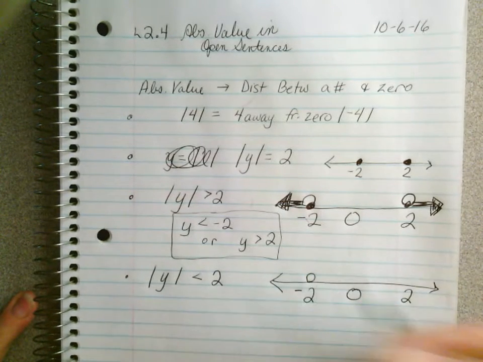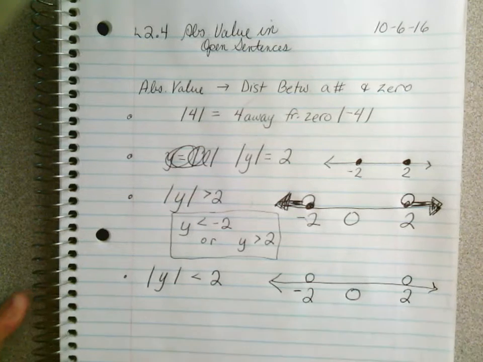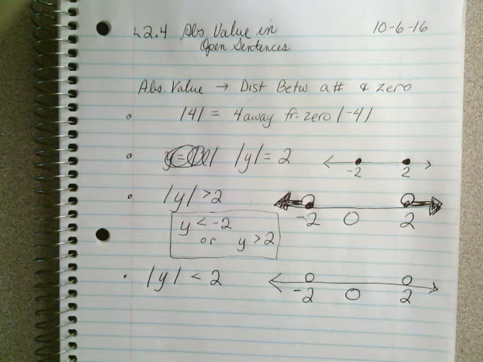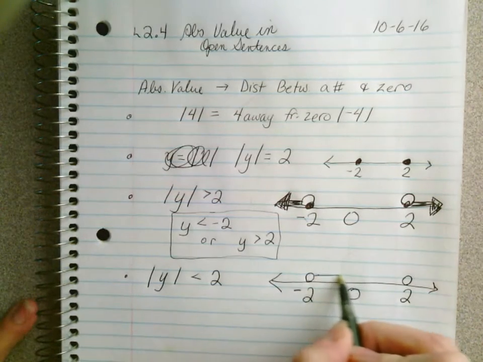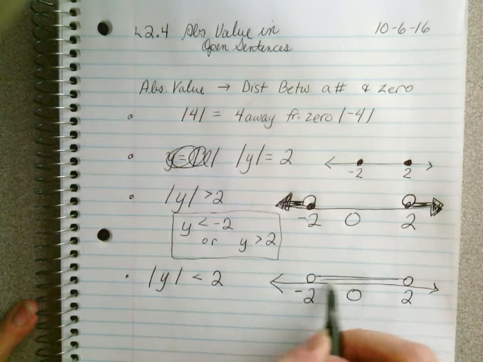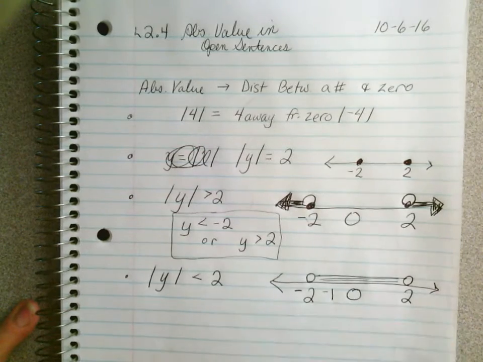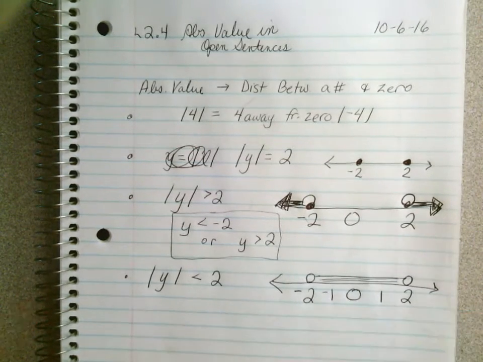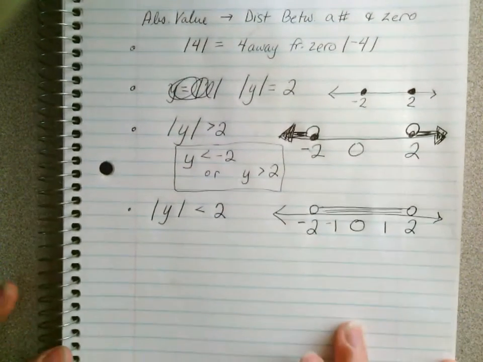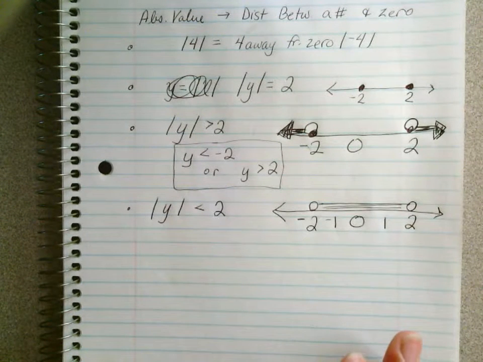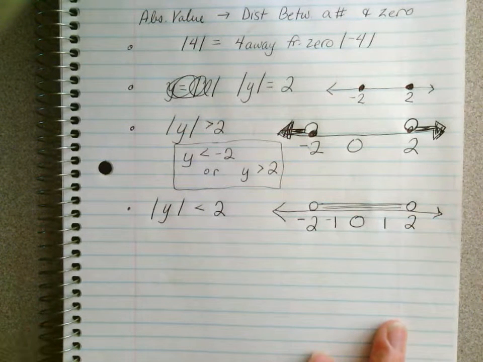I'm going to open circle my 2's. The only numbers that are fewer than 2 spaces away from 0 are these, right? This negative 1 is 1 space away. This 1 is 1 space away. So those numerals only are the numerals that would satisfy this particular inequality.